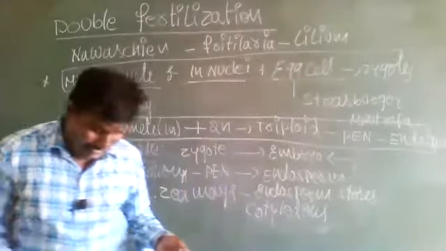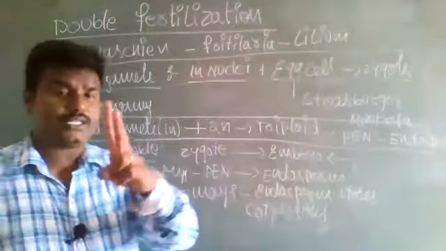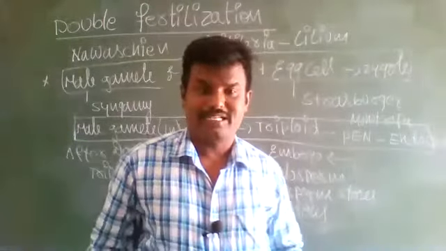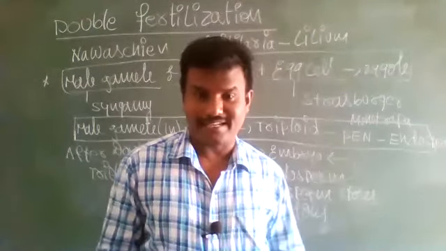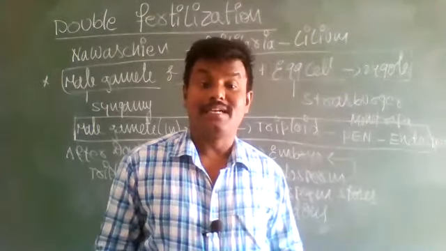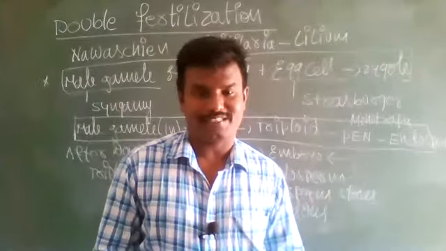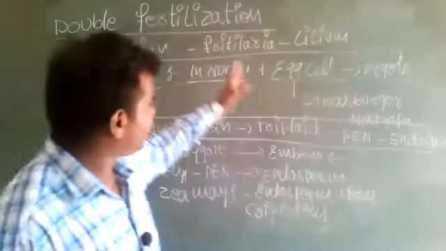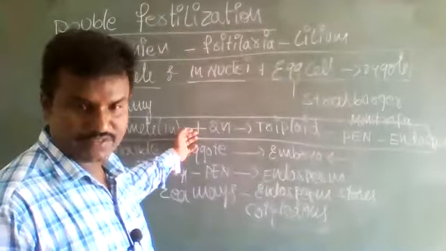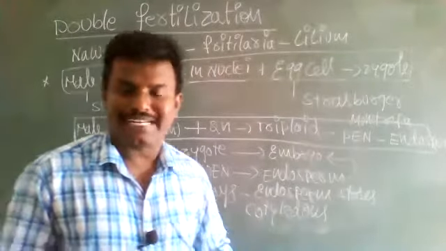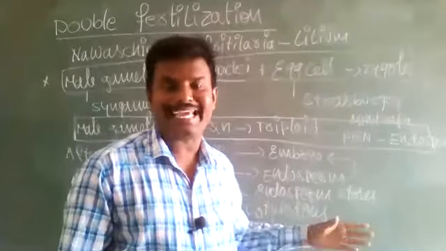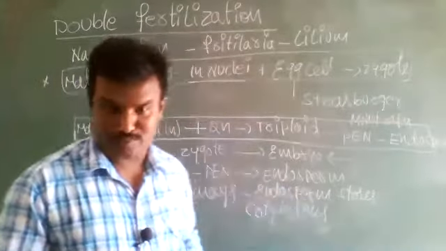In exams from this topic, three types of questions will be asked. What is double fertilization? Where does it occur? What is triple fusion and its importance? For double fertilization, you have to write these two sets. Where does it occur? In flowering plants. Since the two sets of fertilization take place in flowering plants, it is the characteristic feature of angiosperms.